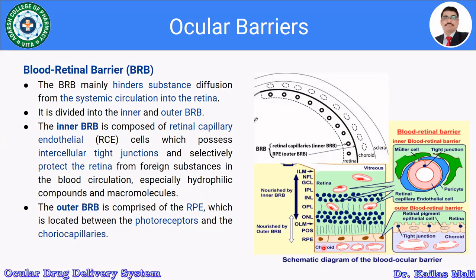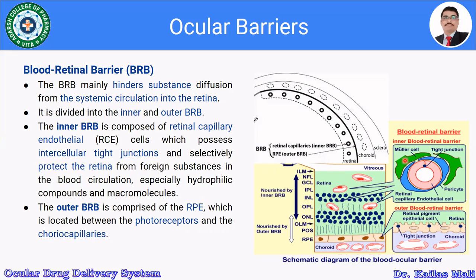So here is the blood retinal barrier. This is the inner blood retinal barrier. As you know, this is the choroid, then retinal pigment epithelium, and the neural layer. The neural layer forms the inner blood retinal barrier, right?